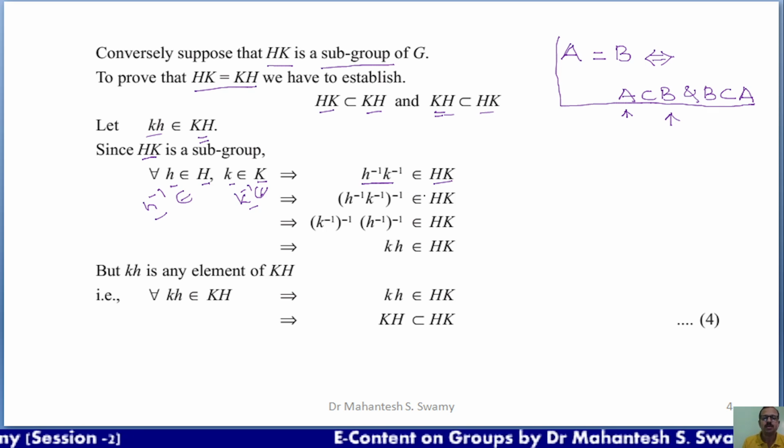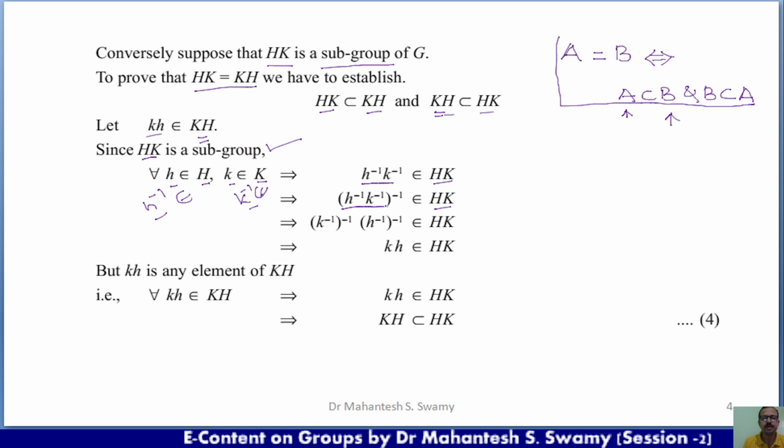Right? Now HK is a subgroup. We have already taken that HK is a subgroup. Therefore, the inverse of every element exists. The inverse of this element exists in HK. Therefore, the inverse of this element, whatever we have shown here, should also be in HK.